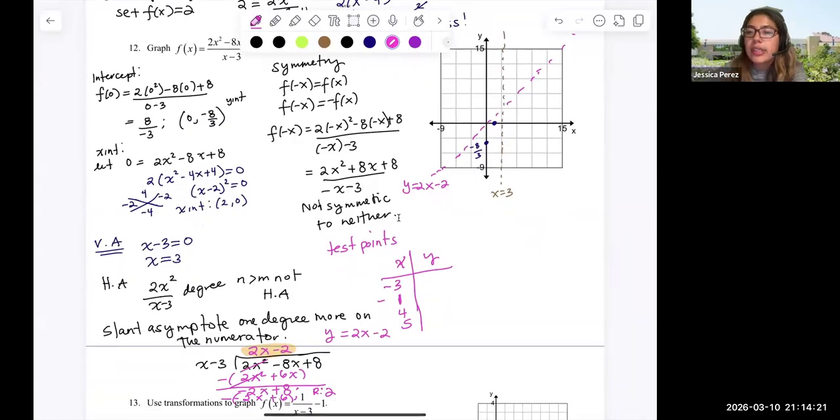Again, you don't have to have the same numbers as I do, but you want to be able to test points and check. So I'll give you a few moments: what happens at f of negative 3, f of negative 1, f of 1, f of 4, and f of 5? Take a moment and I'll give you a few seconds to go ahead and punch this on your calculator.